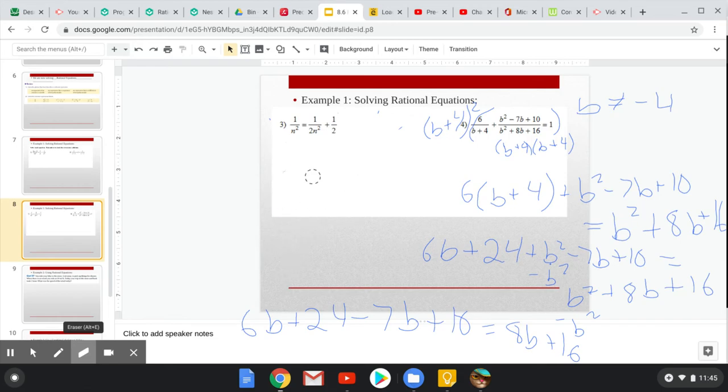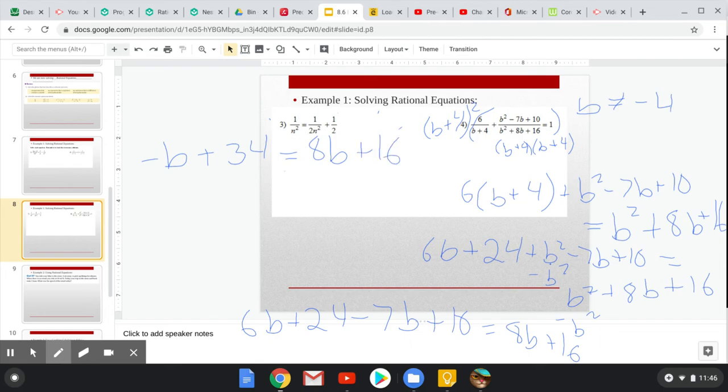So since my b squareds cancel, I can now solve this as a linear equation. So I'm just going to get b's on one side and everything else on the other, and I can combine my negative 7 with my positive 6 here. So negative 7b plus 6b is negative b. 24 plus 10 is 34 equals 8b plus 16.